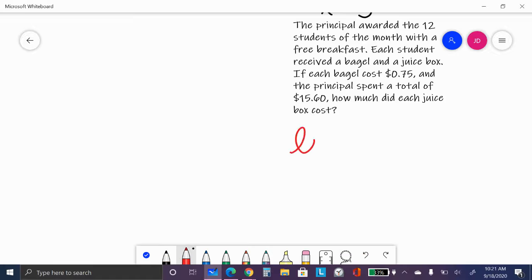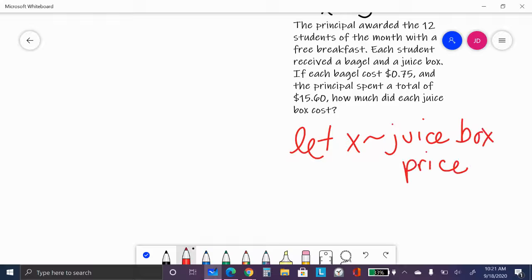So we're going to let X be the juice box price. And now there's 12 students, so the number of students to make my equation is going to be 12.